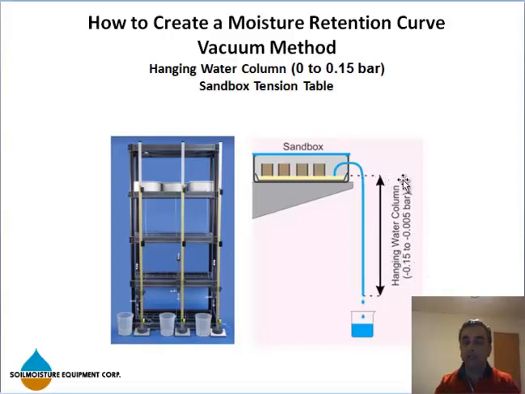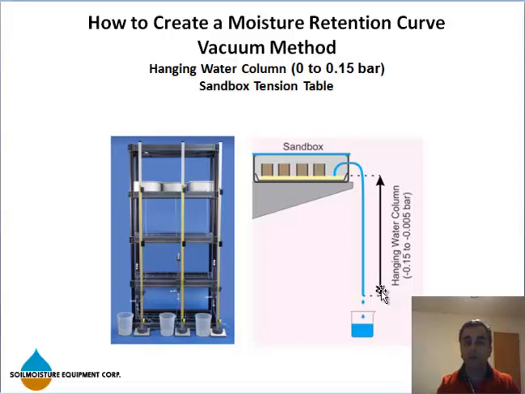The level of tension is equal to the height of water in your hanging water column. So a hanging water column is a very simple and elegant way of applying tension, but it has its shortcomings.